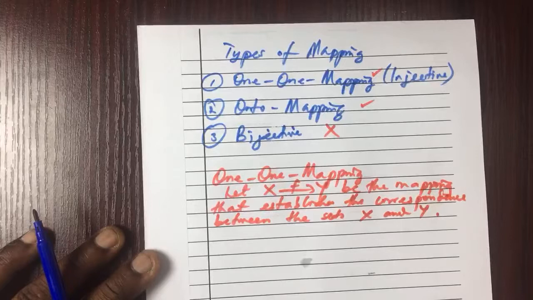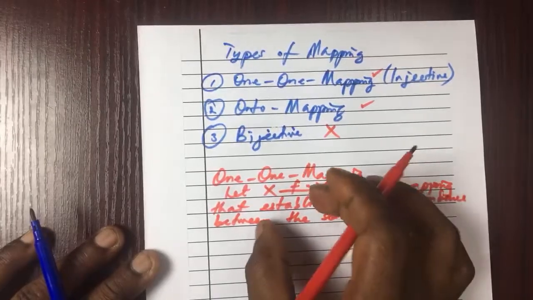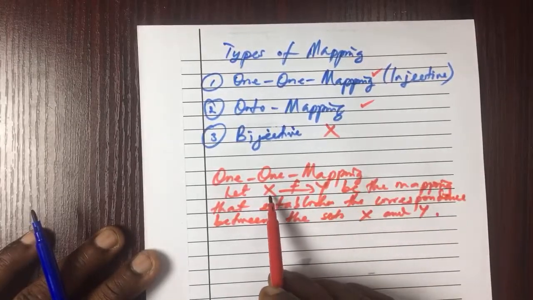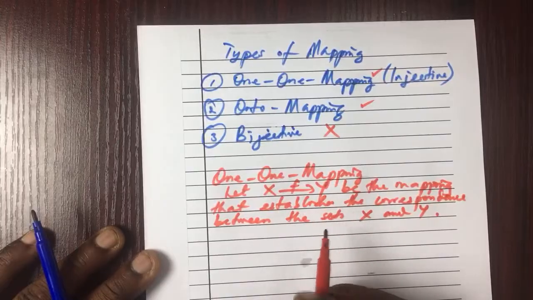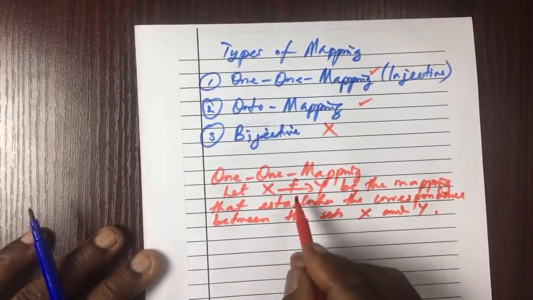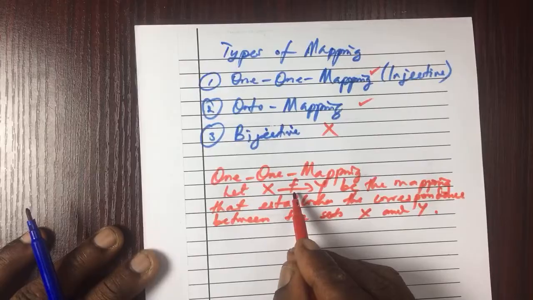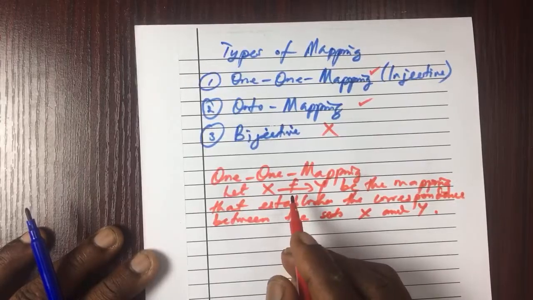Now, the question is this: if this is the mapping defined from set X into Y, then when can we say F, the mapping, is a one-to-one mapping?